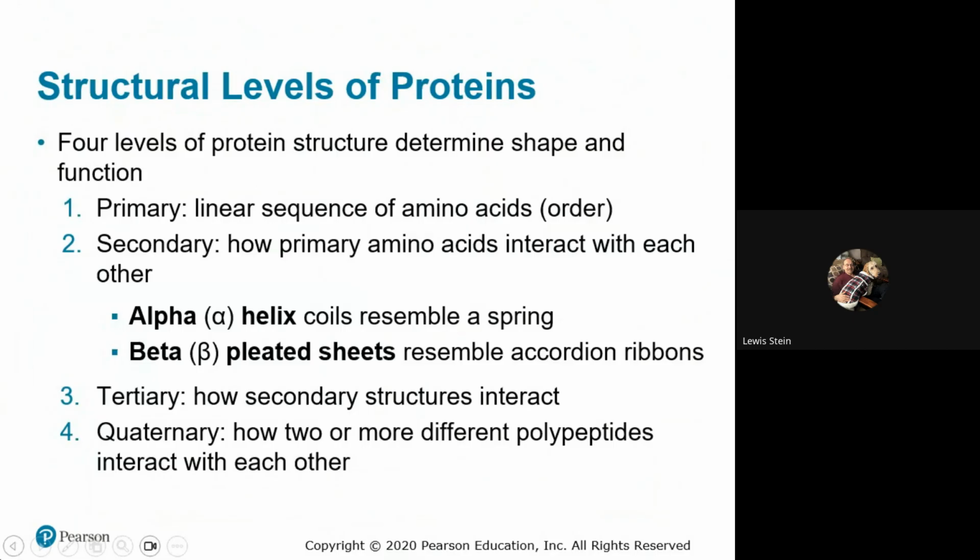Secondary structure, hydrogen bonds. Tertiary structure, those different factors, different things that involve the R groups. Quaternary, all that means is that you have different ones, and you saw it before.